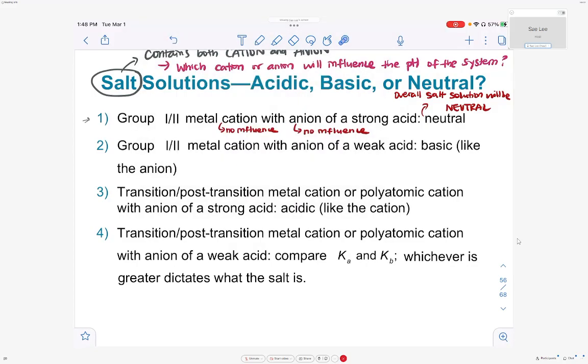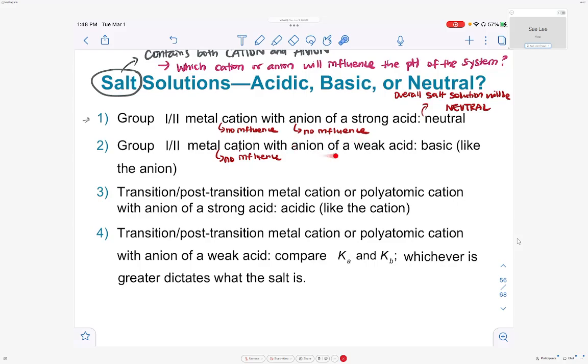Okay, let's take a look at the second situation. In the second situation, you contain a group 1 or 2 metal cation and an anion of a weak acid. As we already know, group 1 and 2 metal cations have no influence on pH. How about the anion of a weak acid? Does it have influence on pH? Yes.